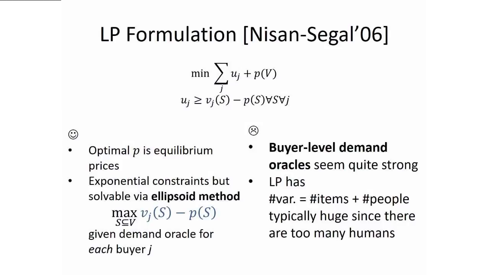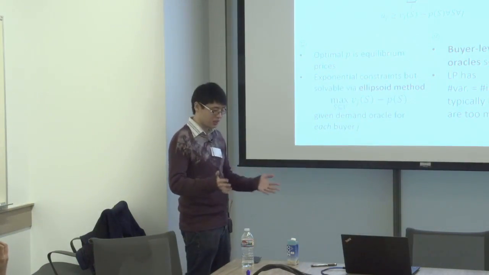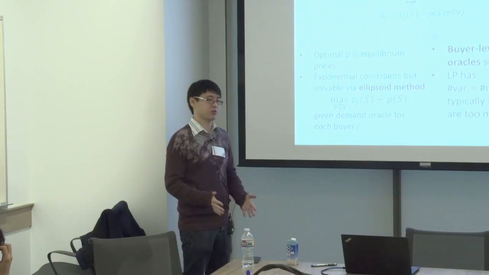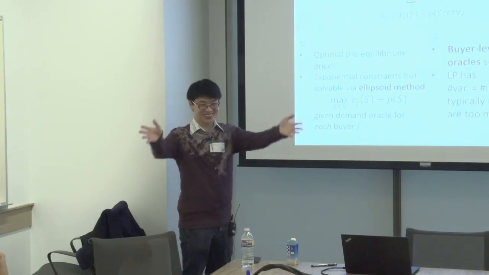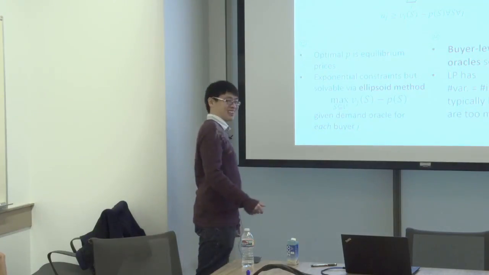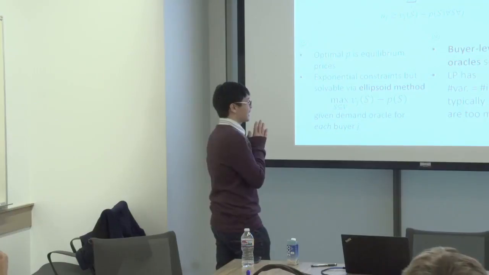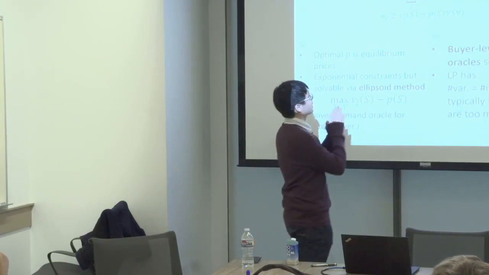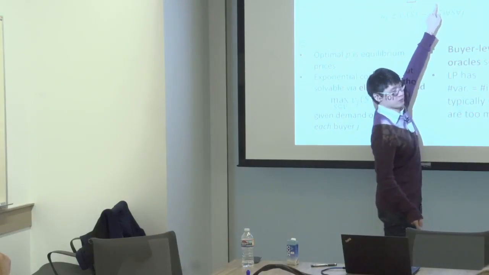There are two things that I'm not happy with in this solution. The first thing is that you seem to be assuming too much if you know specifically about each of the buyers. I don't know what you guys want, right? And no one does. The other thing is that this LP has a variable for each buyer and each item.